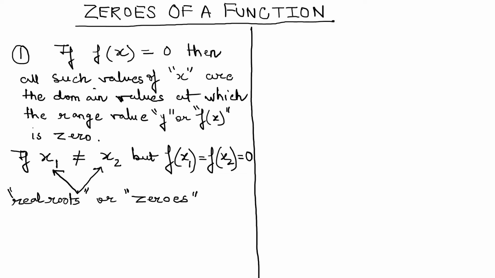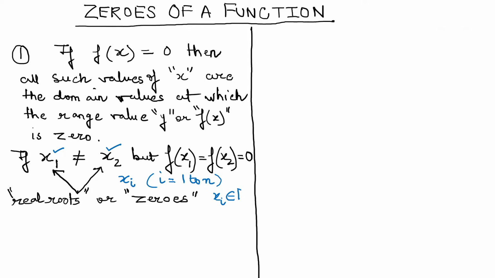Let's understand this with the help of an example, but before I go ahead, you would see that in this case also we talked about what x1 and x2 are. x1 and x2 are nothing but the domain values of the function f(x), for which the function f(x) is defined. So when we say x1 and x2, please understand that I am symbolizing it by xi, where I know that i is equal to 1 to all such natural number values, and xi is nothing but the domain of this function f.